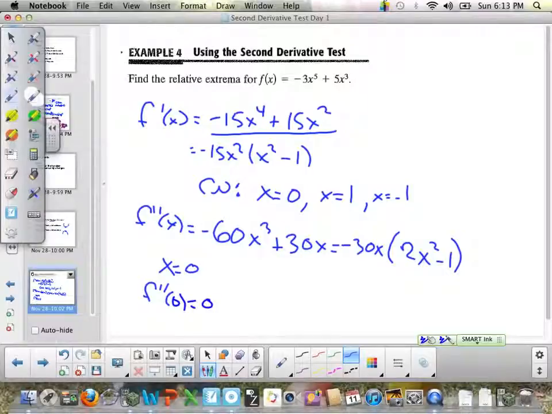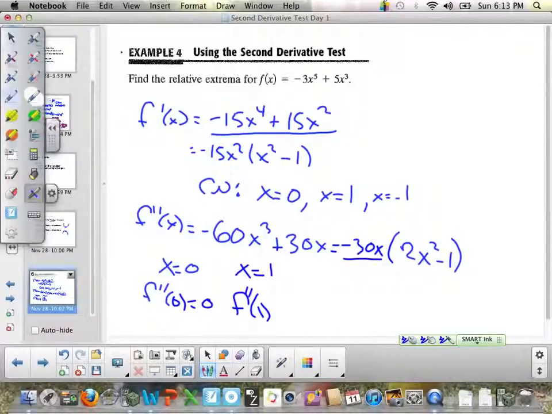If we substitute 1 into our second derivative, into our first part, negative 30 times 1 is negative. If we substitute 1 into the second part, we got 2 times 1 squared, which is 2, minus 1 is positive.